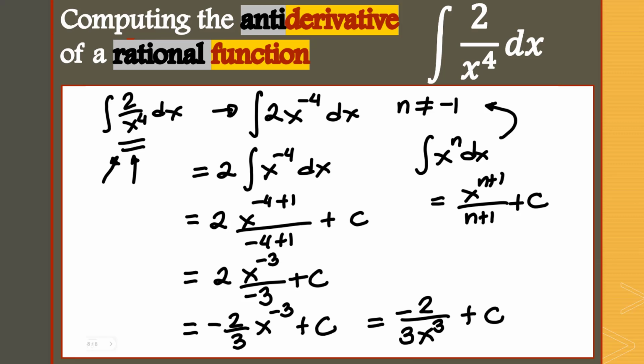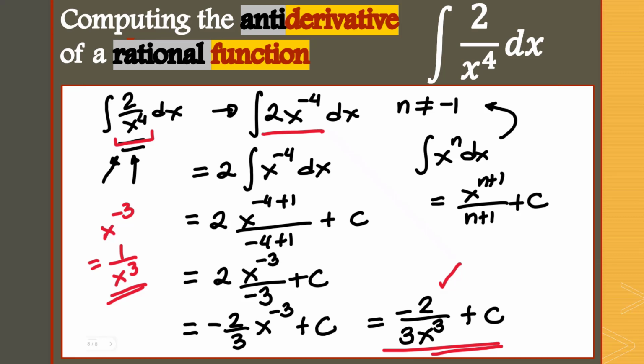We simply multiplied the denominators to 3, and x to the power of -3 is 1 over x cubed. So we simply multiplied 1 to -2, so it's just -2 here, and the denominator is 3 times this, so 3x cubed. To verify whether this is correct, you can get its derivative, and if it returns the original function, then your answer is correct.